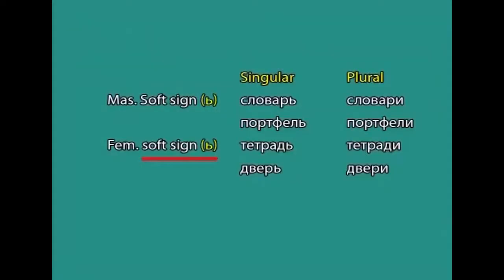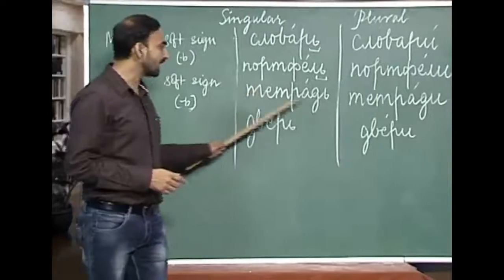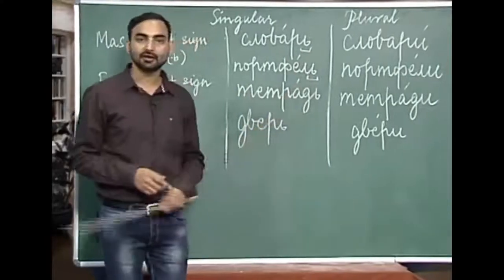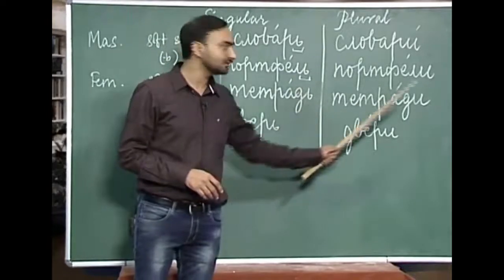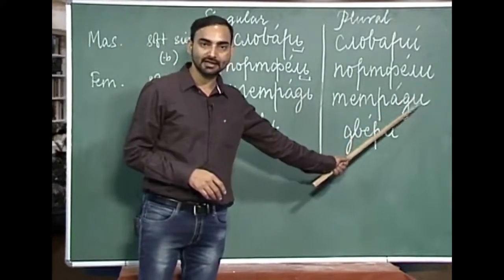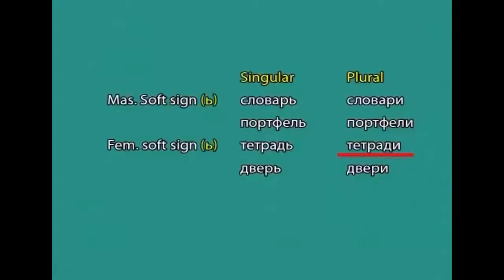Let us move on to the feminine gender nouns with soft sign ending. The first word I have written here is tetrad, notebook. And what is the plural of tetrad? Again we are replacing soft sign with soft vowel E. So, the plural of tetrad is tetradi, notebooks.